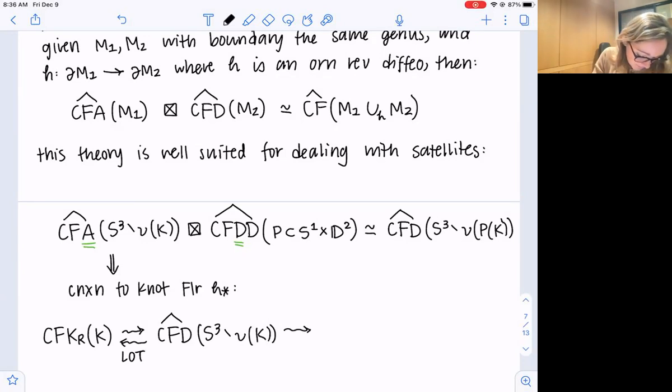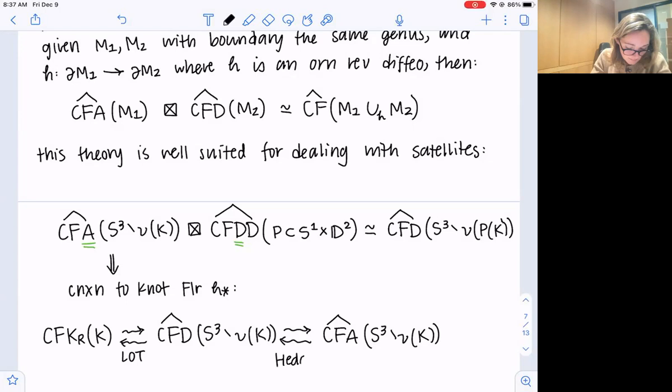And then from there, I can quite easily swap to thinking about the type A structure, because again, remember, they're equivalent. There are several easy algorithms to use, and maybe the best algorithm comes from Hedden and Levine. So I can easily build the type A structure of my companion knot. In this case, as I said, I will understand the knot Floer complex of the figure 8. I can easily produce the type A structure.